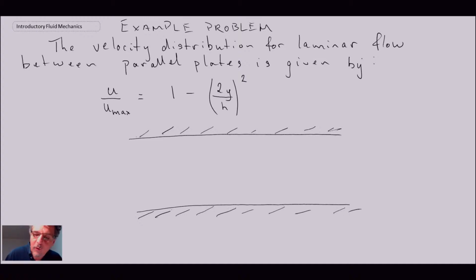We'll define a coordinate system, x and y, about the center line, and we're told that the fluid flowing is water at 15 degrees Celsius, and we're told that the channel height is h equals 0.5 millimeters.